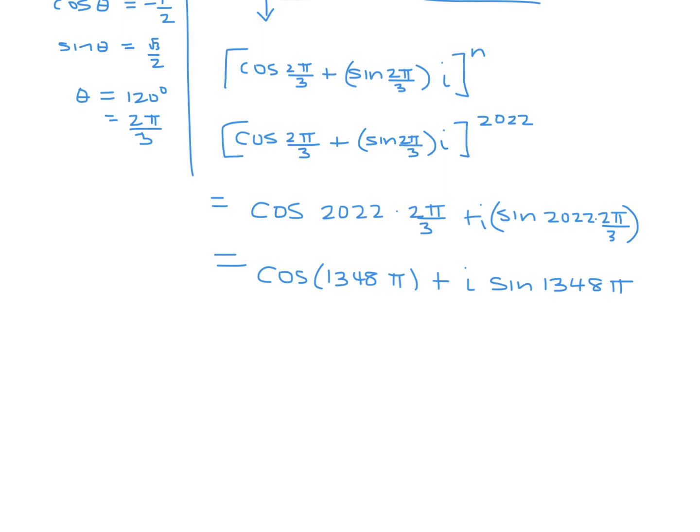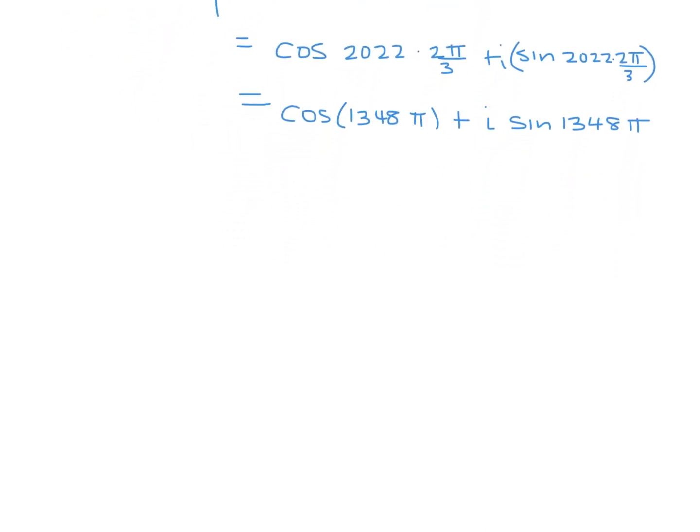Okay, so you say, how do I figure this out now? I'm not allowed to use a calculator on the American exams, but that's okay because the sine and cos graphs are cyclical, right? They repeat every 2 pi. So that's one wave period, and it just keeps repeating.